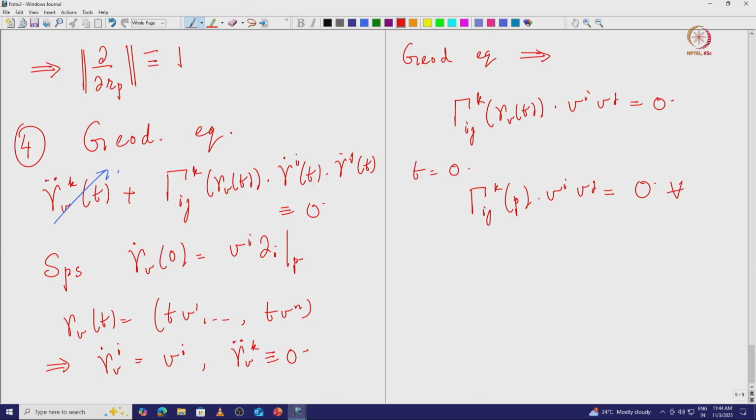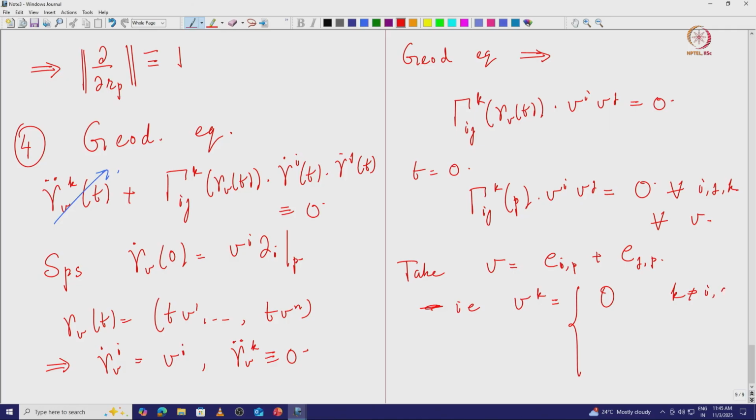This happens for all ijk and for all choices of the initial vector v. Right, now just take v to be the sum of these two basis vectors, right. So in other words, Vk is 0 if k is not equal to i or j and is 1 if k is equal to i or j.